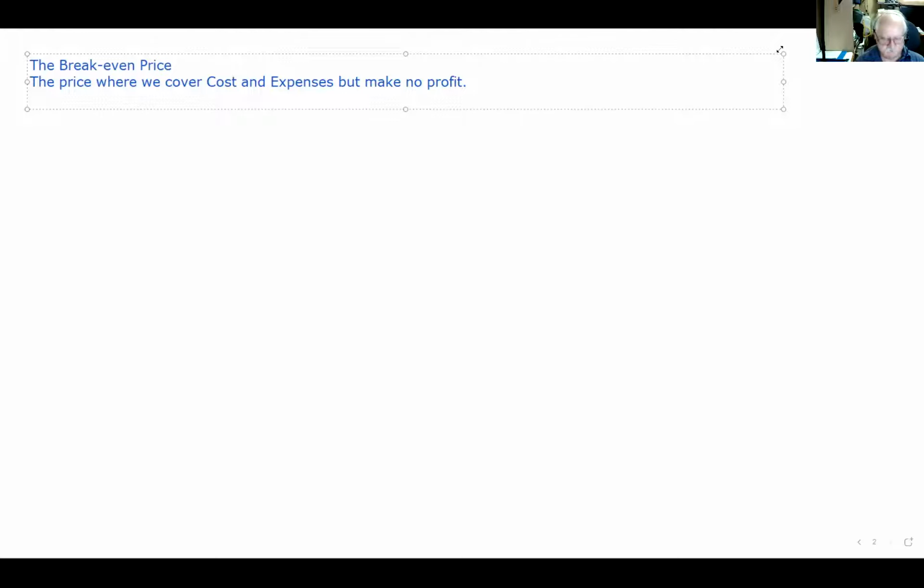So the break-even price would be equal to cost plus expenses, and that's it. That would be the break-even price. So whenever they talk about the break-even price, they're just telling you that we're selling at a price where selling price equals cost plus expenses, and profit equals 0. They're also going to talk about absolute loss.